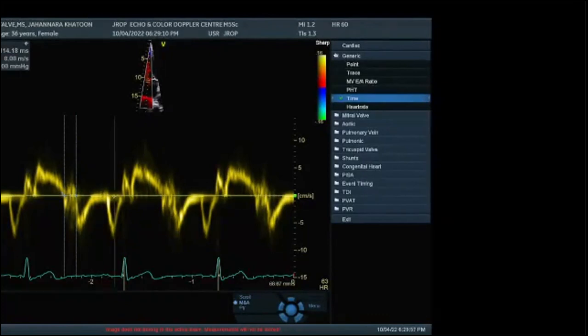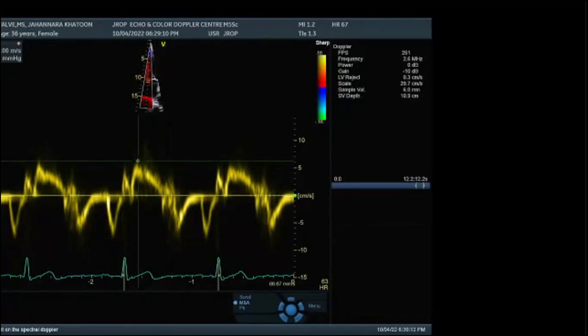This is much better seen over here. 94 milliseconds, anything between 70 and 90 is considered normal. If I look at this, there is a small reduction of tissue Doppler velocity across the septal annulus. We are going to use it again and again in our clinical practice, both for systolic evaluation as well as diastolic evaluation.